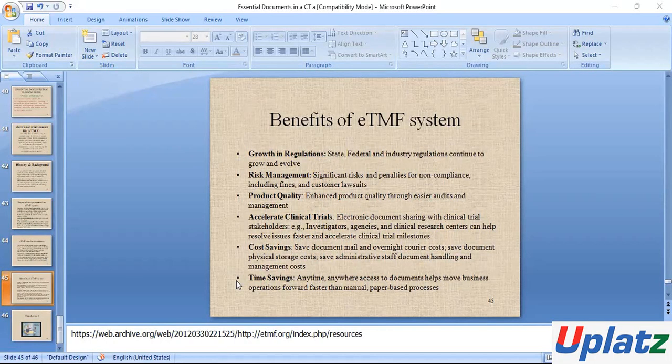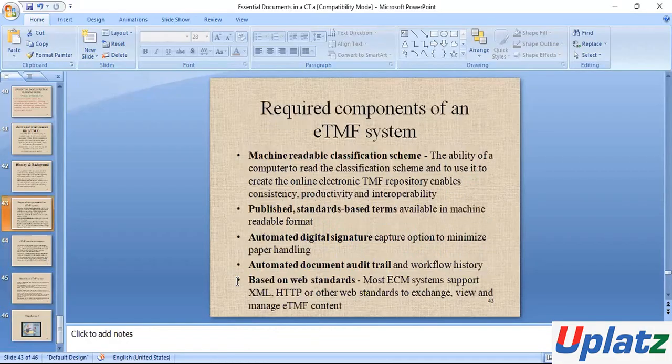So eTMF will allow you to track all the documents within a study, such as invoices, orders, receipts related to activities. Then document archiving. The eTMF should have a robust solution for archiving the huge content of the clinical trial master file for at least 25 years, in a way that is readily available and accessible upon request.